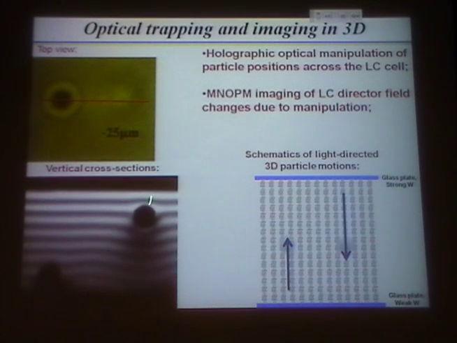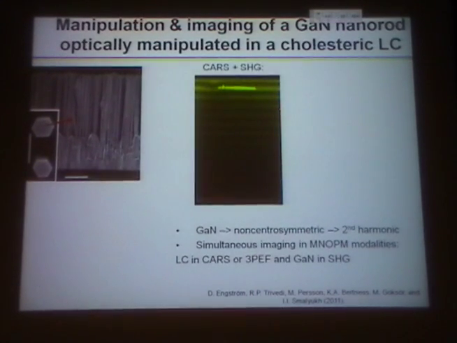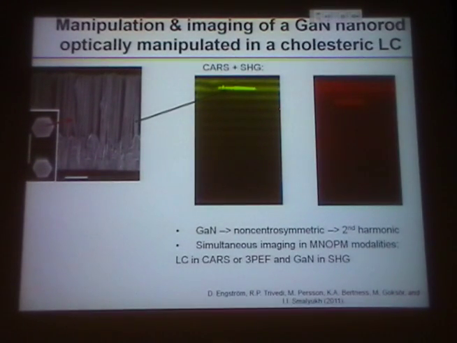But this combination with three-dimensional imaging techniques allows us to visualize what actually happened as we manipulated those colloidal particles in liquid crystals. This type of manipulation and three-dimensional imaging can be extended to other nonlinear optical imaging techniques and also other kinds of particles.